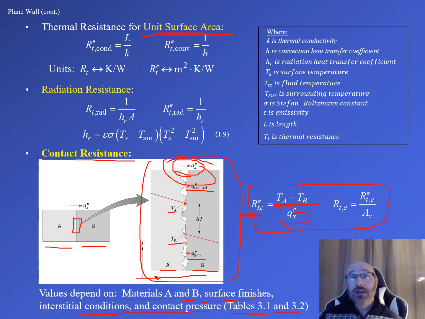Now, if we're not looking at it per unit surface area, this is our general equation for contact resistance. We can take this value and just divide by our area A sub C. So all we've done is use that same formula we see over here, but then divide all of this by our A sub C.